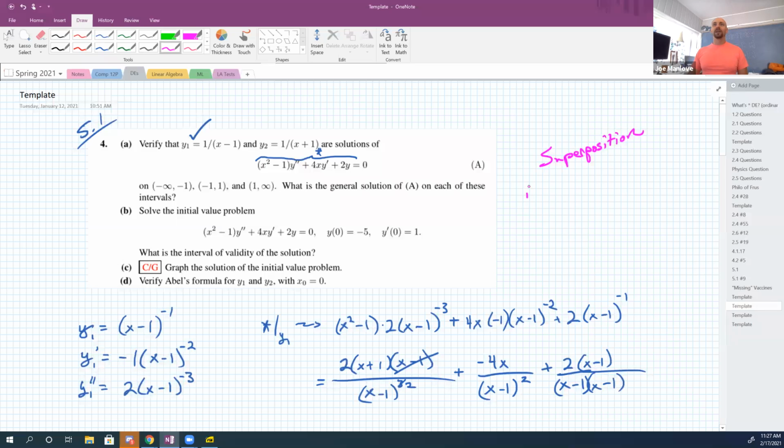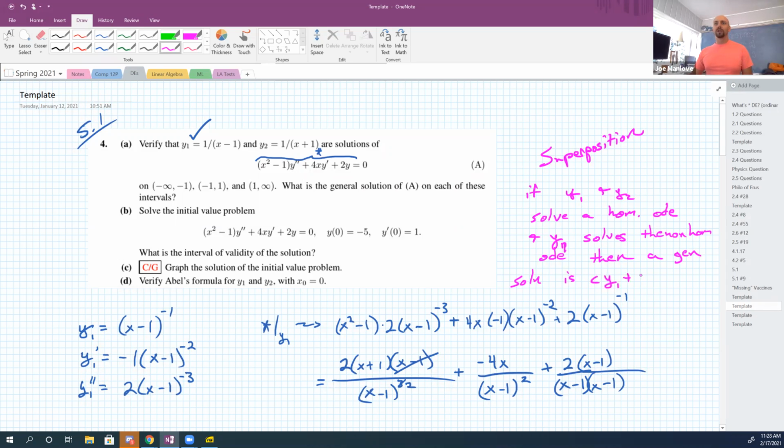And this is going to say that if y1 and y2 solve a homogeneous ODE, and yp solves the non-homogeneous ODE, then a general solution is c y1 plus d y2 plus yp for c and d arbitrary constants.